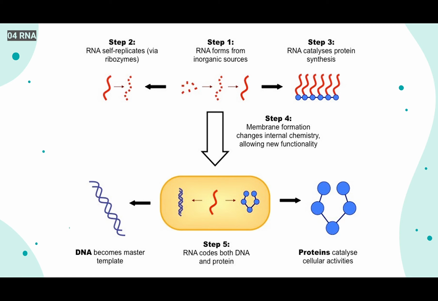The RNA then catalyzes protein synthesis, and membrane formation changes the internal chemistry and leads to new functionality. So the RNA codes both DNA and the protein. Then proteins catalyze cellular activities and DNA becomes the master template, so everything stems from the DNA.